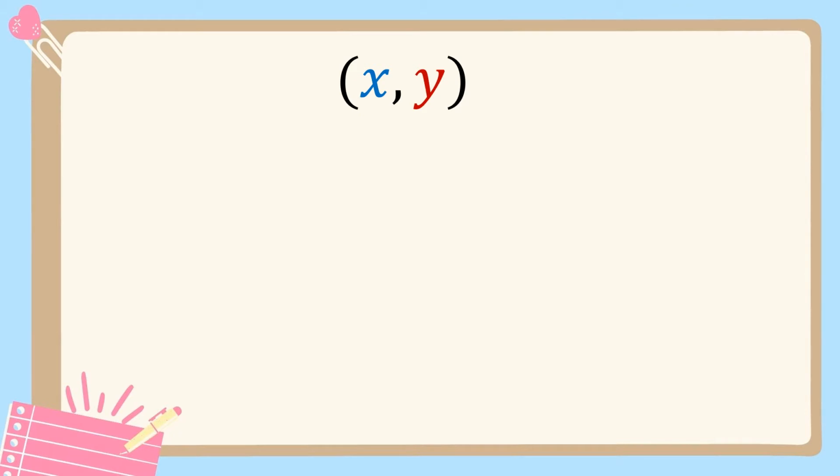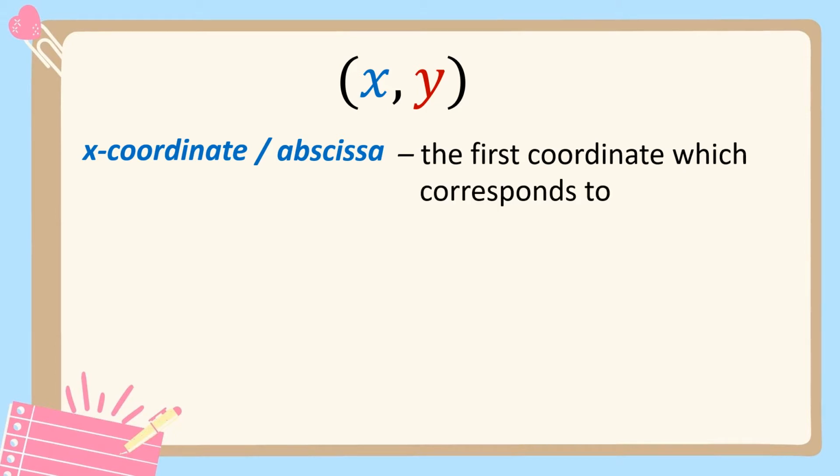Now we are going to define our x and y coordinates. The x-coordinate, also called abscissa, is the first coordinate which corresponds to a real number on the x-axis.